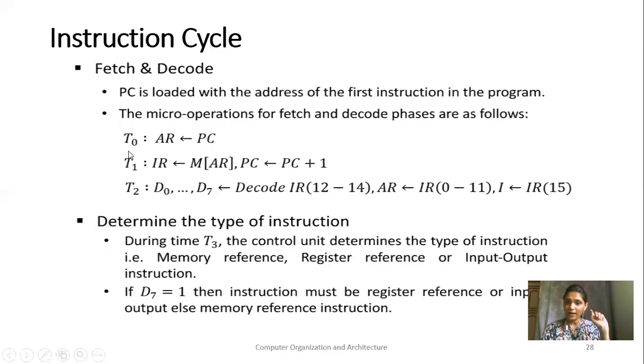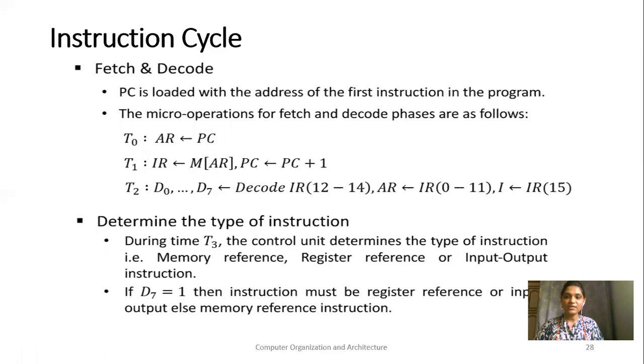Our address is there in our address register. Now the second task will be to find out the content of that address register. That content is our instruction, and that is going to be stored into the instruction register. And you have to increment the program counter by 1 for the next instruction.